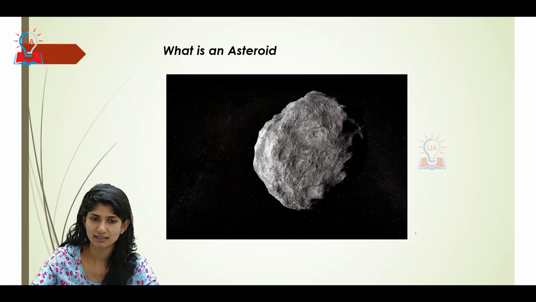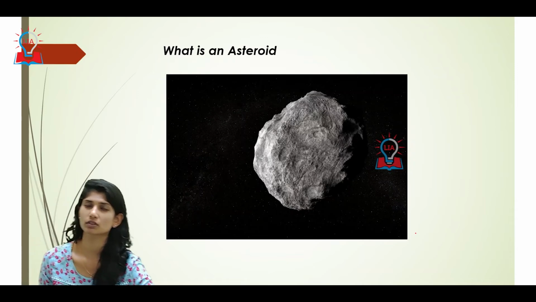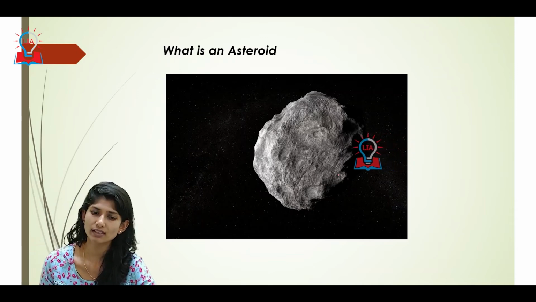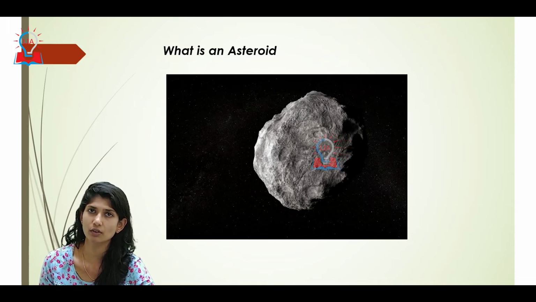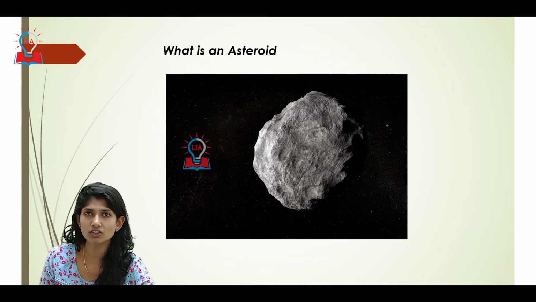Alright, we've been speaking enough about asteroids, Didymos, Dimorphos. What exactly is an asteroid? An asteroid is a rocky body which lacks an atmosphere. These are chunks of rock of varying size and shape.